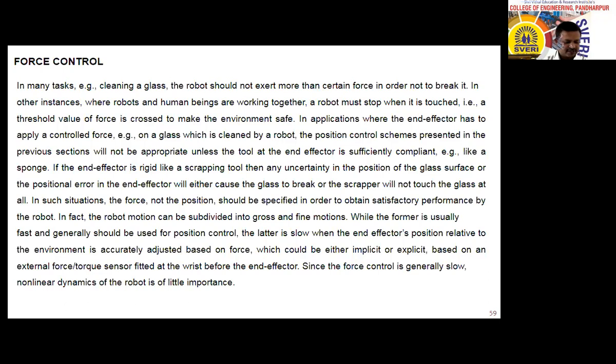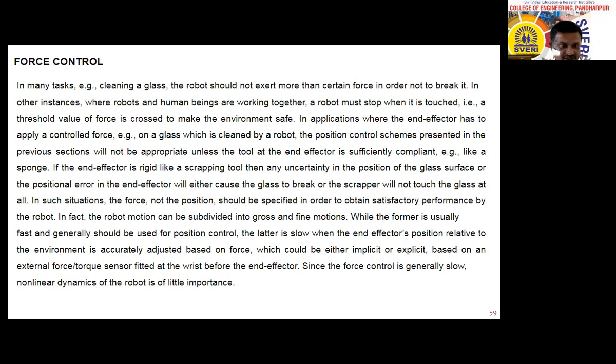Now, next method is force control. In many tasks, for example, cleaning of a glass, the robot should not exert more than a certain force in order not to break it.